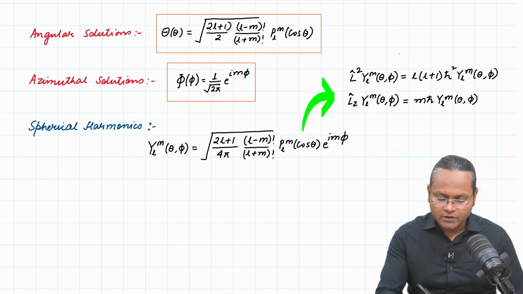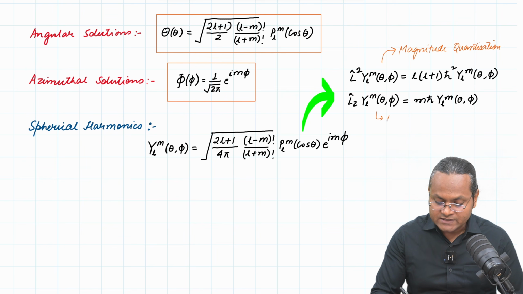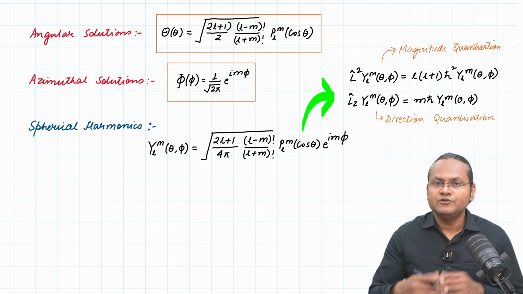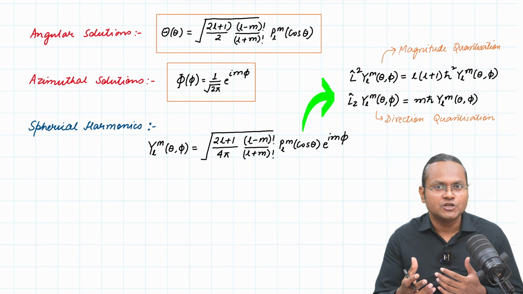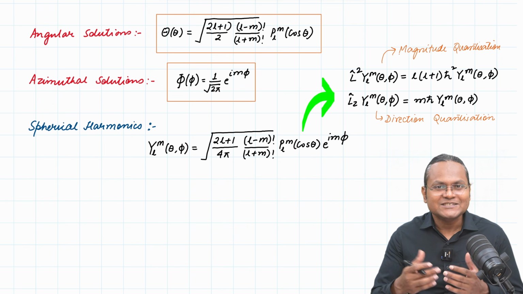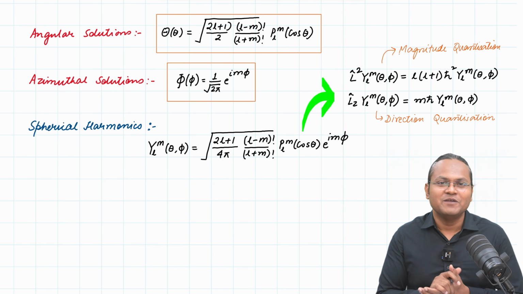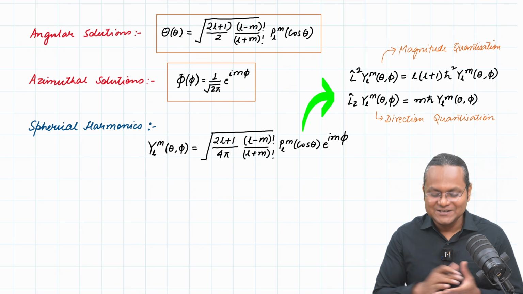And they are very important because they represent quantization of the angular momentum magnitude and the angular momentum direction, also known as space quantization. You see, the electron in the hydrogen atom cannot have any random magnitude of angular momentum or direction of the angular momentum vector. It is quantized in the context of quantum mechanics. Everything seems to be quantized in quantum mechanics.